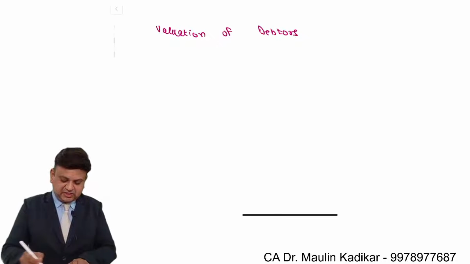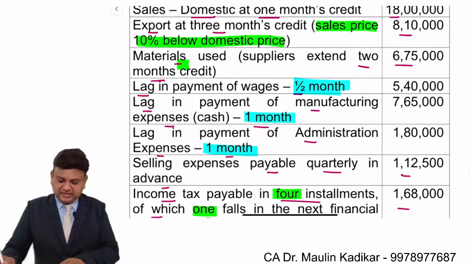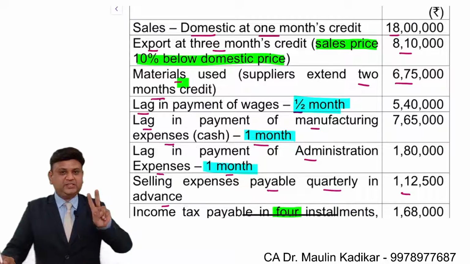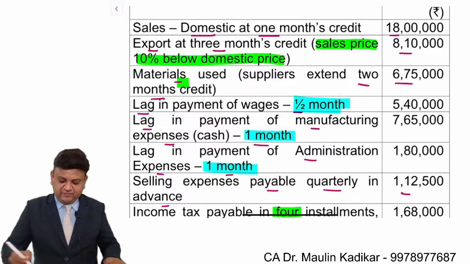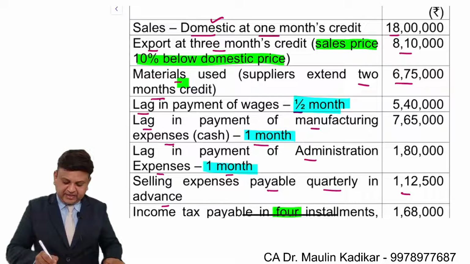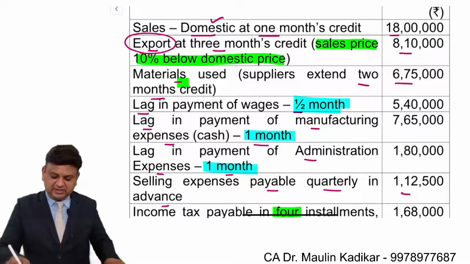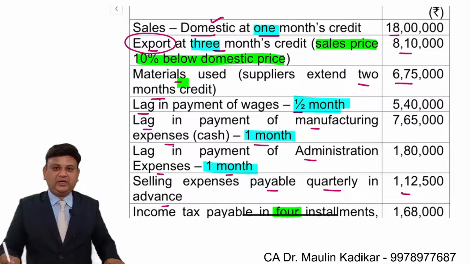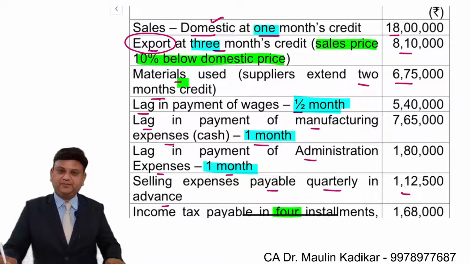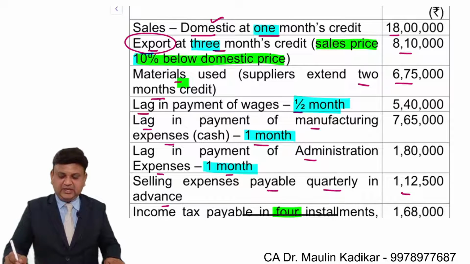Now let us see how to do the valuation of the debtors. Dear students, the question is providing the information that the sales we have are divided into two parts: domestic sales and export sales. Second important point is that both have different credit periods, one is 1 month, another is 3 months. Third, the sales price for export business is 10% below the domestic price.